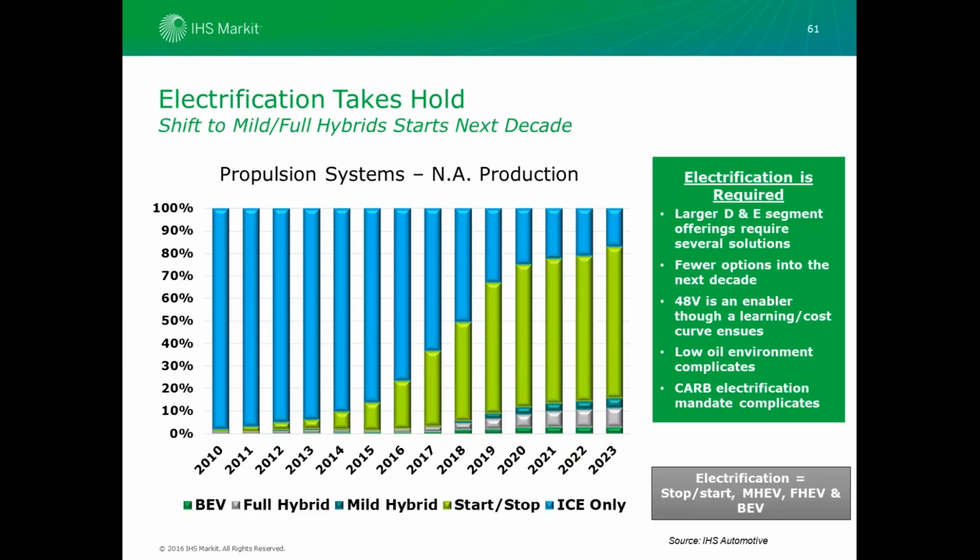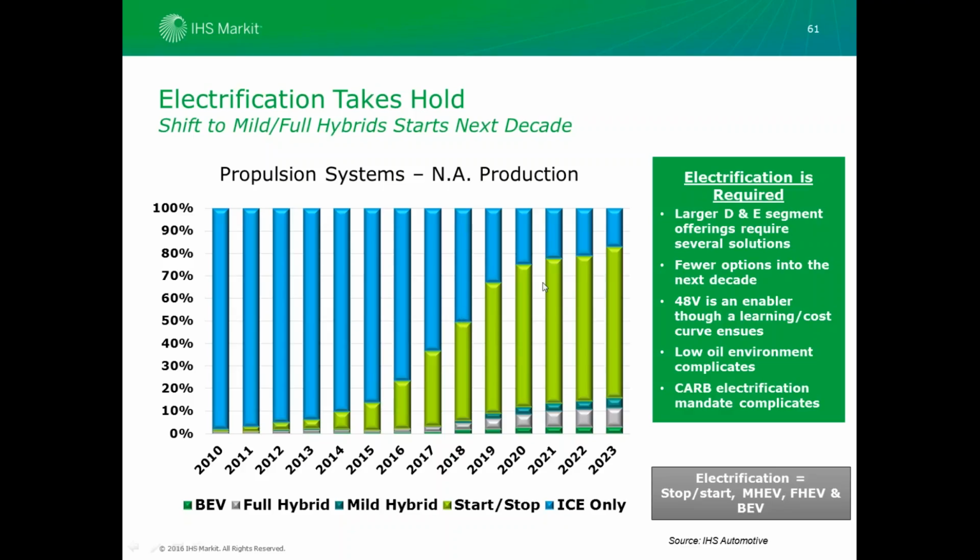What you're looking at here again is production, and North American production, and the shift to mild and full hybrids and the electrified vehicle. You can see this blue portion of the slide are those vehicles that are internal combustion engine only, gas and diesel engines. And you can see that in about 2 years, only about 50% of engines produced in North America will simply be the ICE type engine.